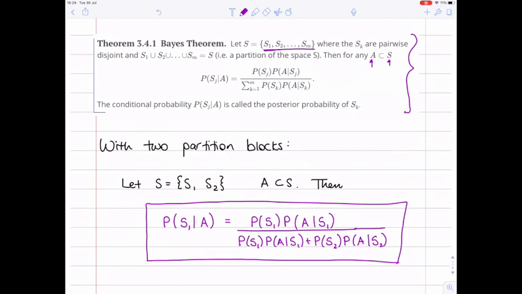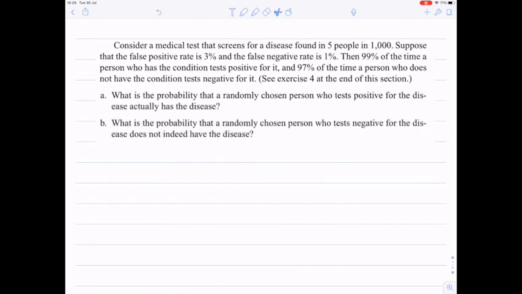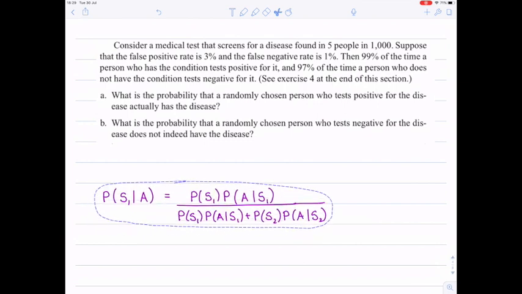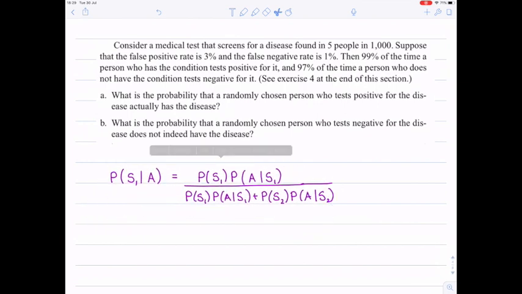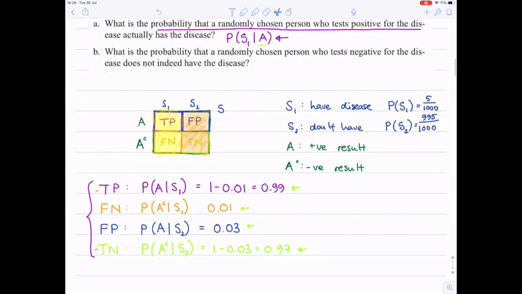Okay, so now that we've got this, let's see what we can do with our problem. We're going back to our problem over here. It's exactly the same one we had before. I'm going to paste Bayes' theorem that we have, and let's also go back and get the information that we worked out.